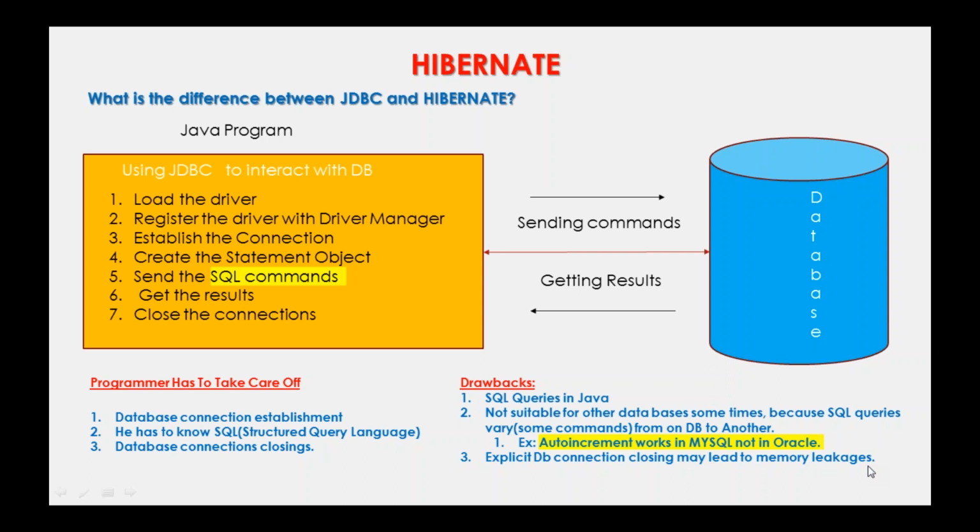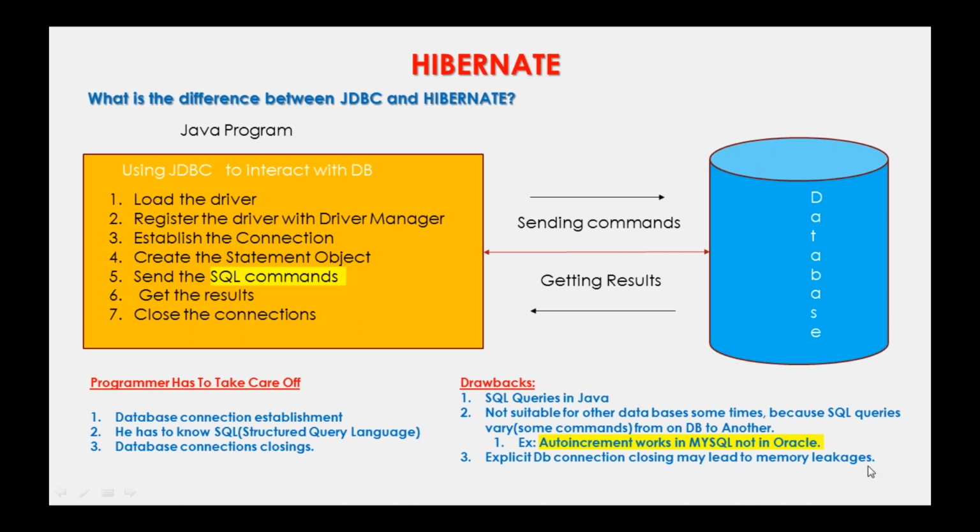Connection established means connection object creation. If you create an object, it is created in heap memory. If you create 20 connection objects, they are created in the heap memory. If you don't close the connections, the garbage collector will not delete them, because it thinks that these objects are active objects.